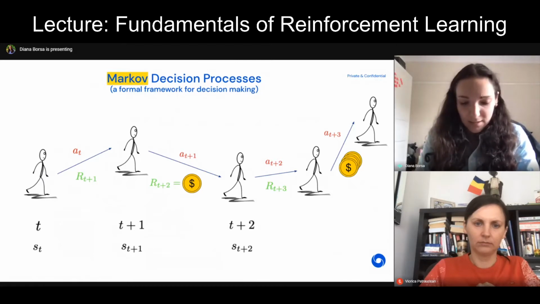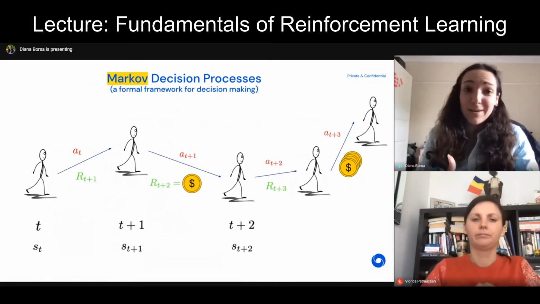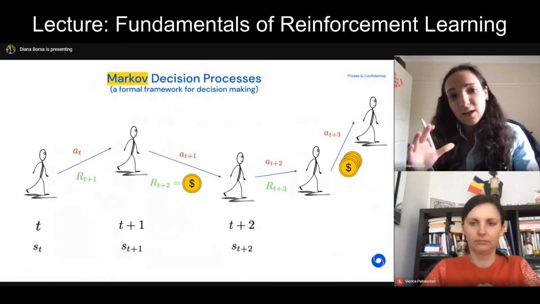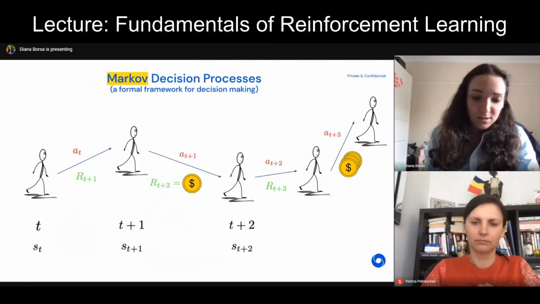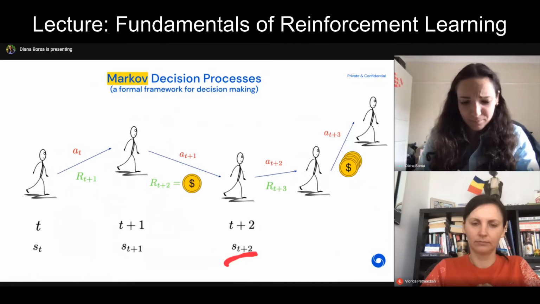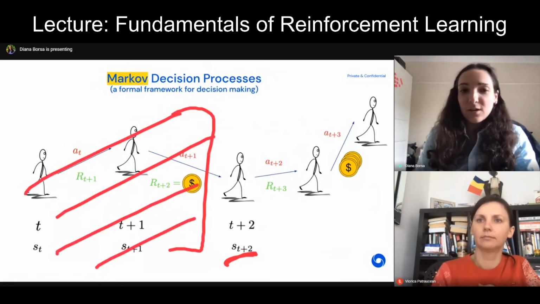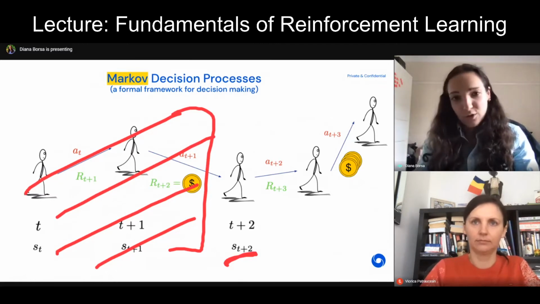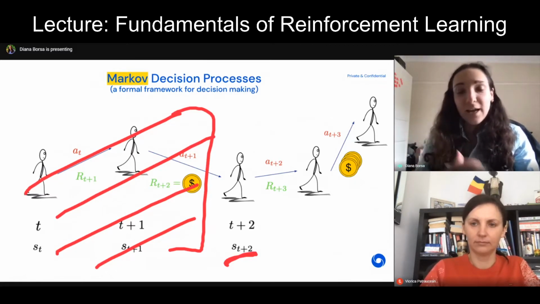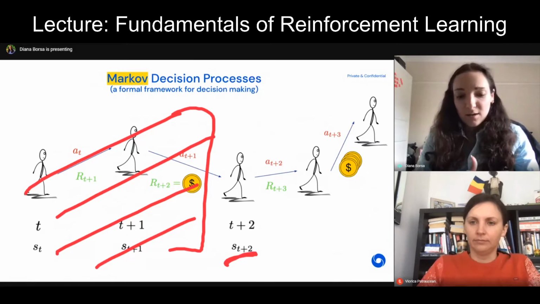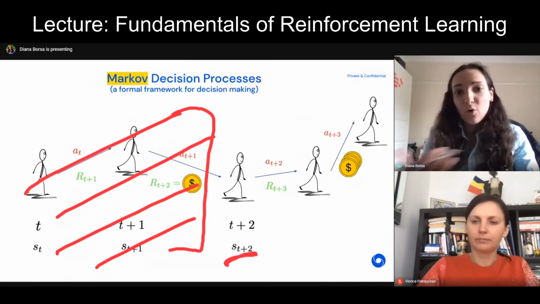Okay, and this process now unfolds in time over multiple time steps. The assumption that we're making to make this problem tractable is the Markov assumption, which says that the future is independent of the past given the present. In this diagram, that means if I'm at this state, anything that has happened before that is irrelevant to my predictions in the future. It's not that I can predict the future perfectly, it's that no information from the past can add to my ability to predict the future or my way of acting.